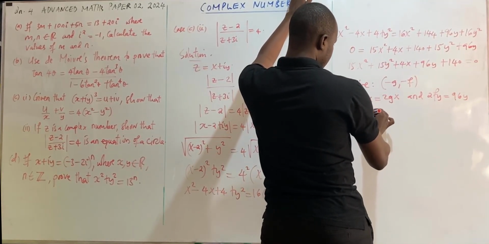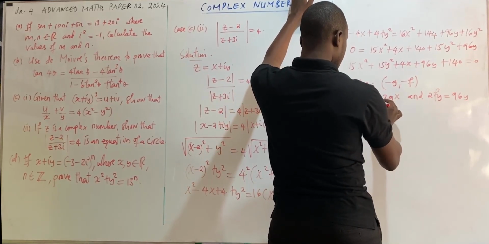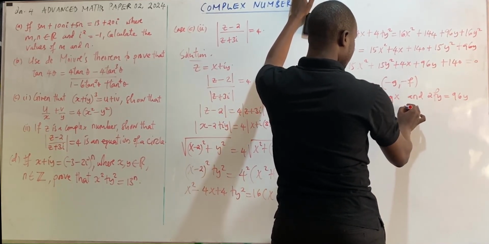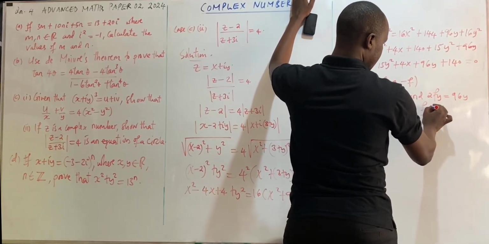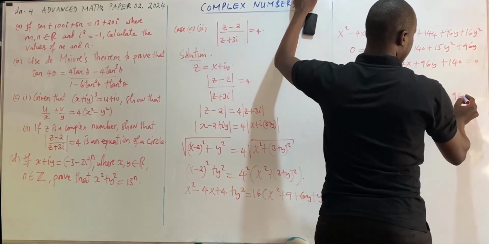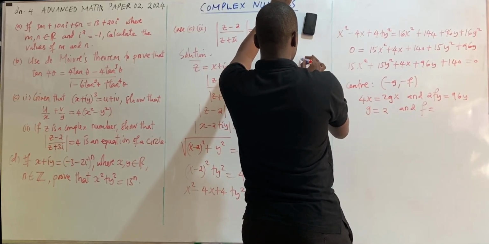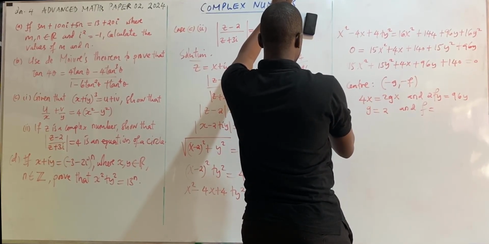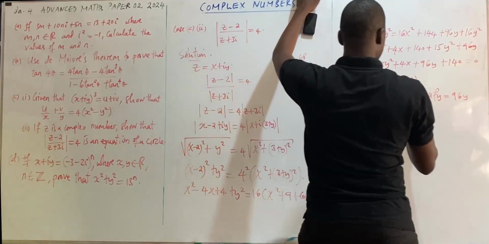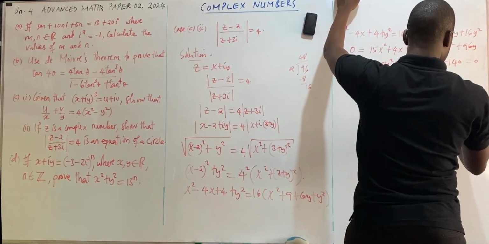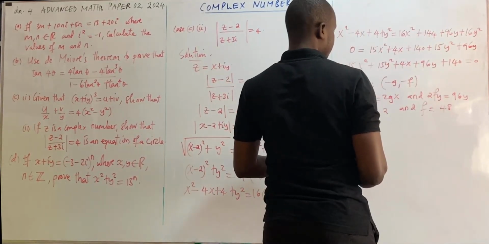So from here, the value of g becomes 2, and the value of f, if we divide 96 by 2, we get 48. So here we get 48, the value of f.